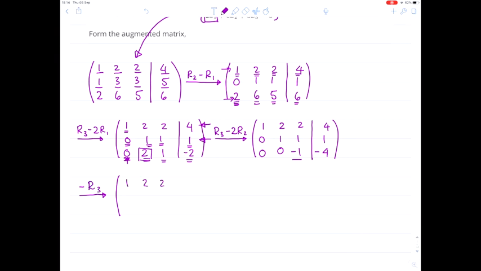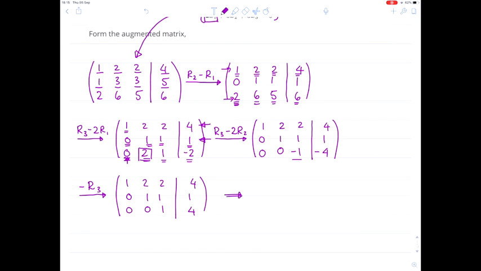So row 1 doesn't change, row 2 doesn't change, and row 3 gets multiplied by minus 1, so we end up with that. So what have we actually done? Well, now we can take this augmented matrix and write the equivalent system of linear equations.